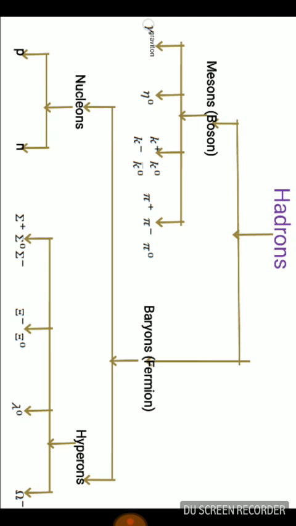Hadrons are divided into two parts: mesons and baryons. Mesons: graviton, eta meson, K meson, pi meson. And the baryons are divided further into two parts: nucleons and hyperons. Proton and neutron are called nucleons, and the hyperons are sigma, cascade, lambda, and omega.